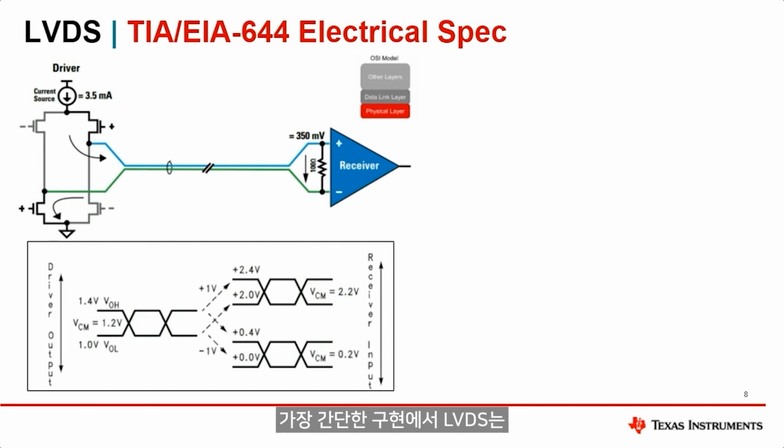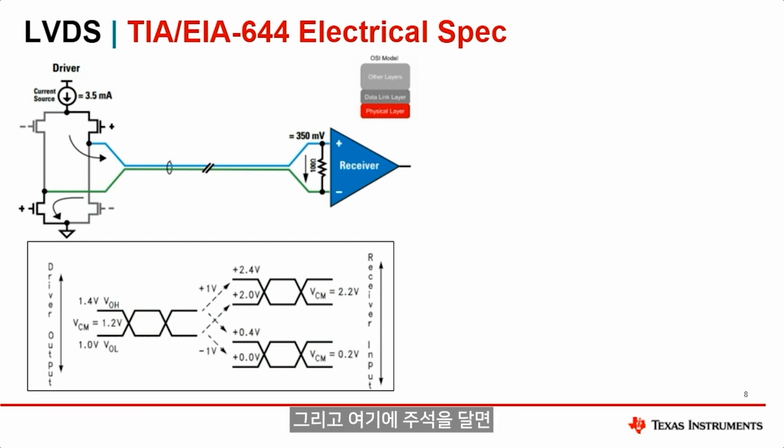In the simplest implementation, LVDS consists of a driver, the transmission media, and a 100 ohm termination resistor close to the LVDS receiver. The driver consists of a 3.5 milliamp current source. That's a constant 3.5 milliamp current source, which is steered through some FETs.